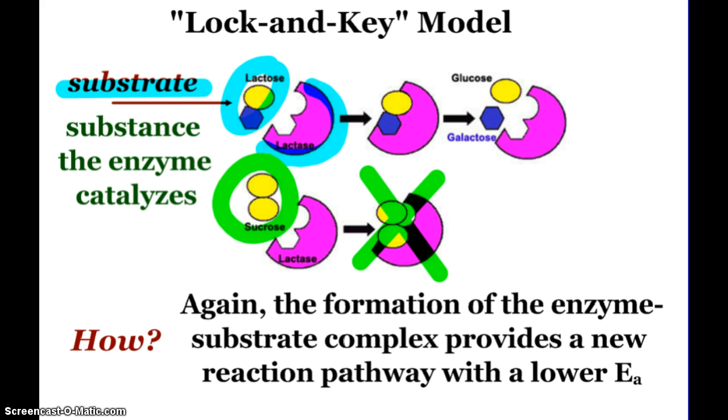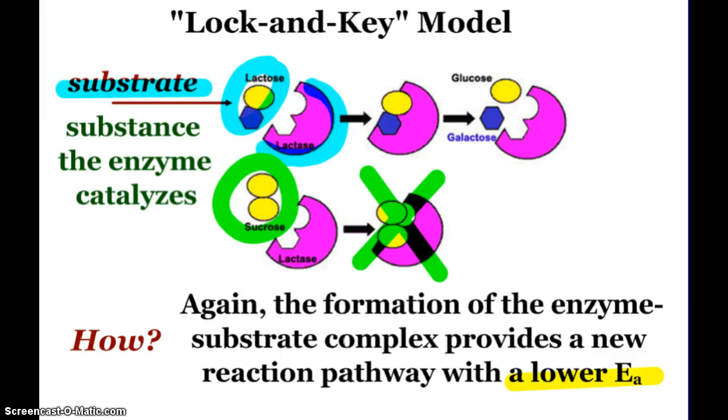And so again, the overall guiding factor is that the formation of the enzyme substrate complex provides a new reaction pathway that has a lower activation energy. Again, that's our key. When we have a lower energy of activation, then our reaction will proceed at a faster rate. I hope this helps a little bit.